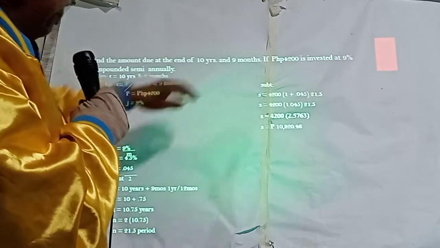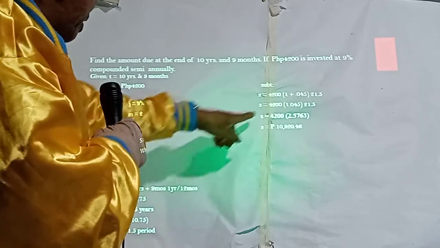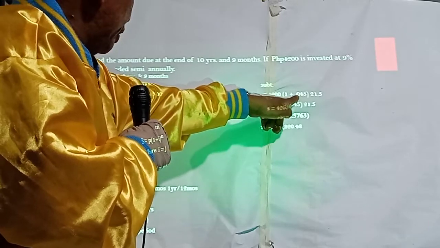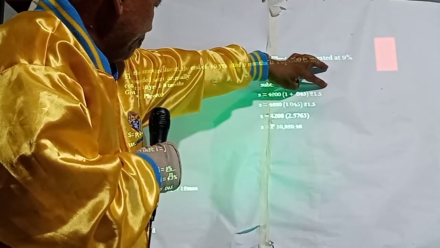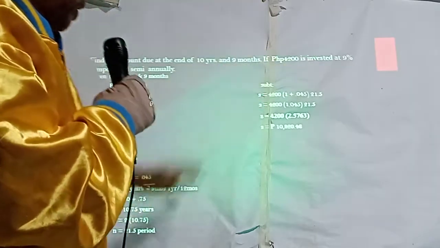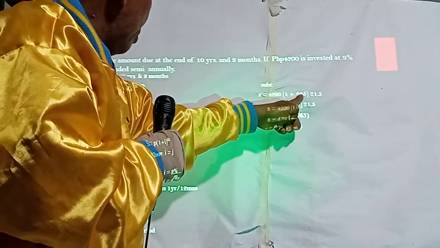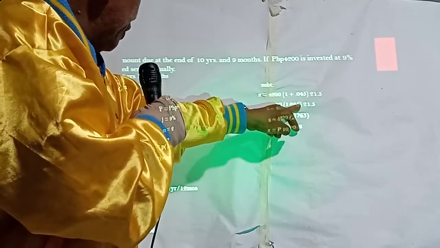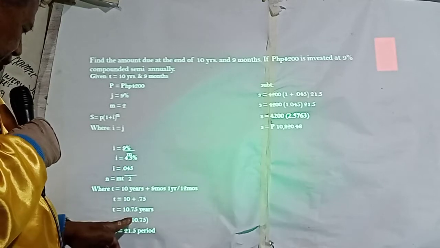So substitution. We have 4,200 times 1 plus 0.045 raised to n, which is 21.5. So we add 0.045 to 1 and then that is 1.045 raised to n, which is 21.5, wherein 2 times 10.75.